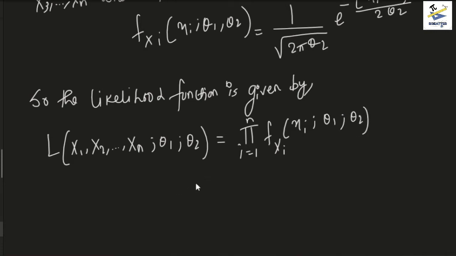this is the expression, right? And with this expression we can write this as the product from i equals 1 to n, and this L is basically the likelihood function which we will be defining now, and in the upcoming examples as well we are going to use the same likelihood function for x1 up to xn, and it doesn't matter how many parameters there are, we can estimate them all.